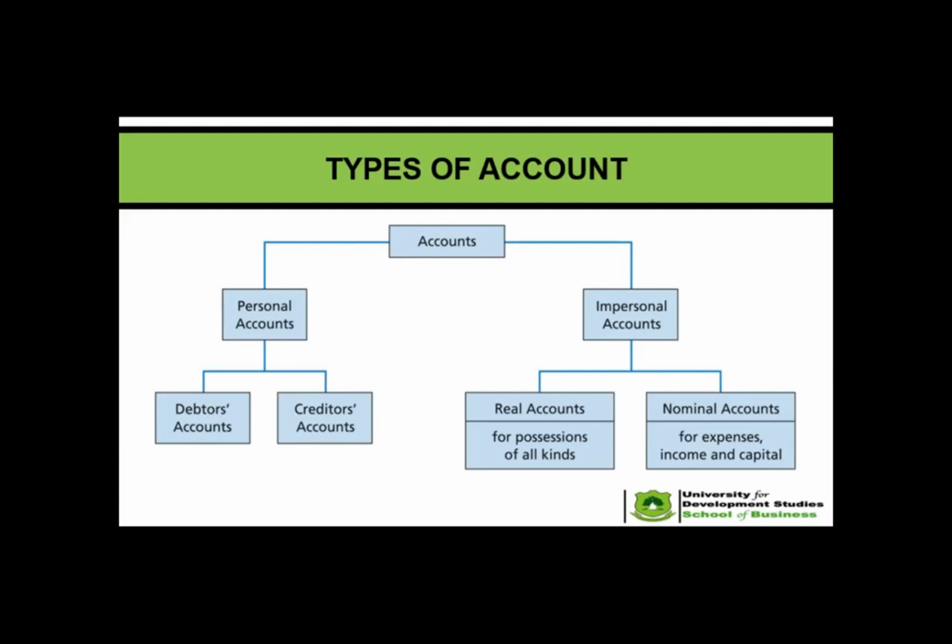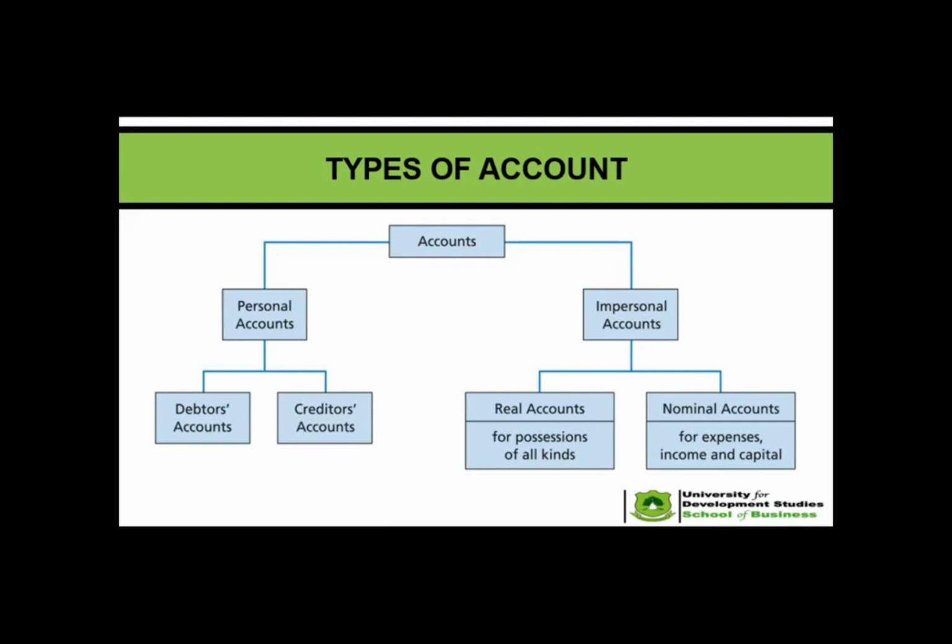For example, rent. Can you see rent? They appear in name, but in reality, in nature, they do not exist. But when you take building, building appears both in name and in what? Nature. You can see it, you can feel it, you can touch it.